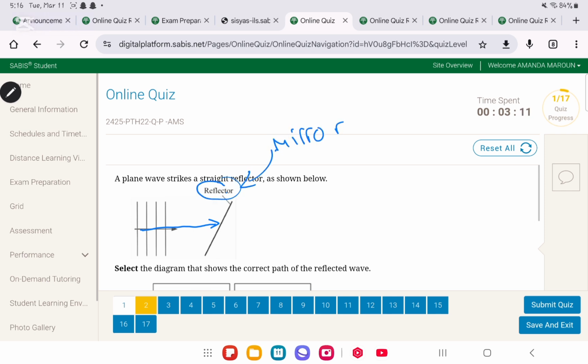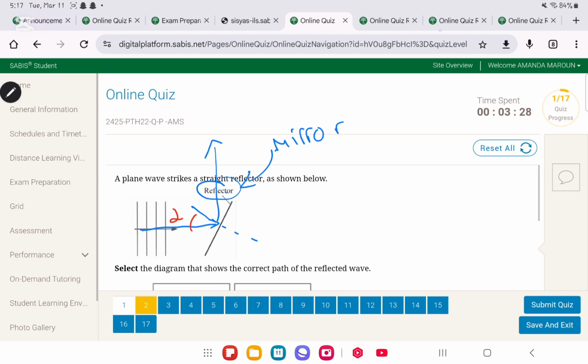So it's going to reflect the wave. You will draw the normal and you will reflect the wave. This angle over here is equal to this angle over here, and so the waves are going to be the same, but in this direction.